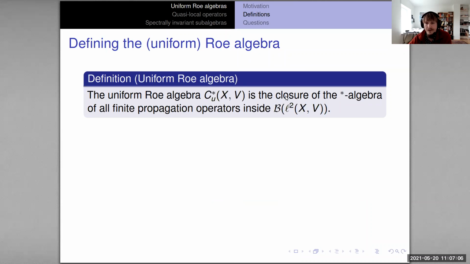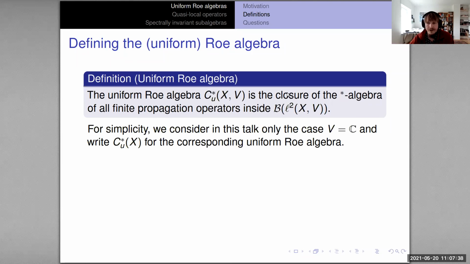And taking closure means we take it with respect to the operator norm, so inside the bounded operators on l2 of X. So this will be by definition a C-star algebra, because we have taken the closure in operator norm. And of course, what you have to check, but it's clear, is that it's compatible with forming adjoints, because if you have a band diagonal matrix and you form the adjoint, it's still band diagonal.